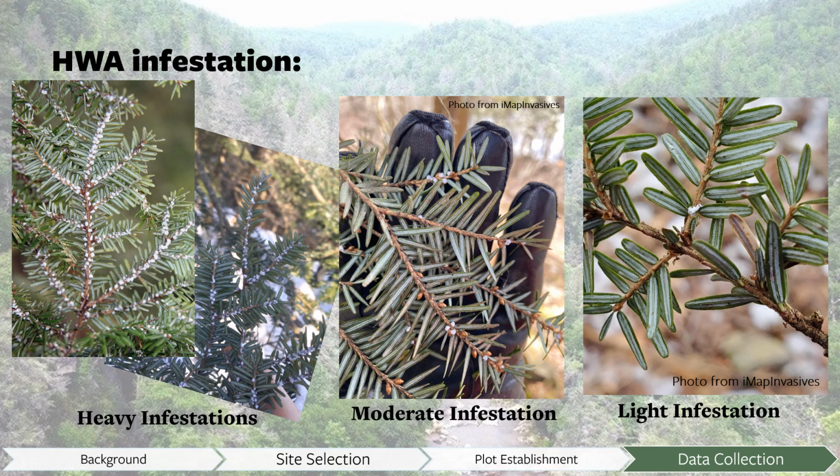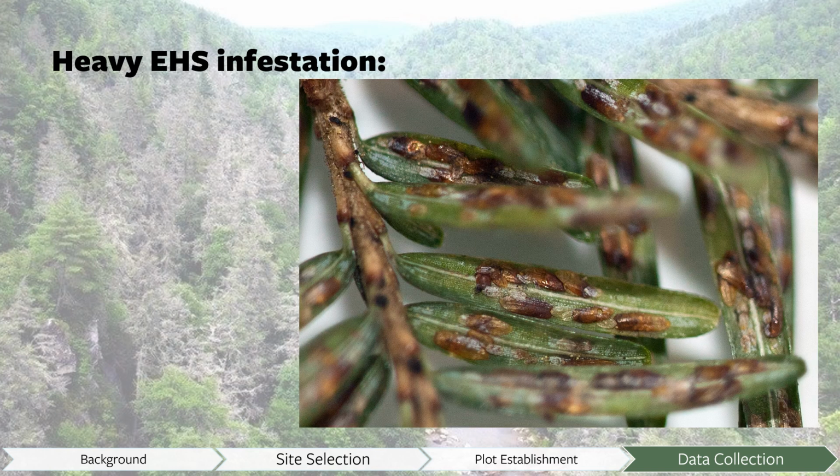You'll also be asked to estimate the degree of elongate hemlock scale, or EHS, infestation. This pest can be a little bit more difficult to see because it's on the needles themselves, but you can recognize it by this elongated shape, hence its name. This is an example of a heavy infestation, where we're seeing multiple scales on each of the needles.